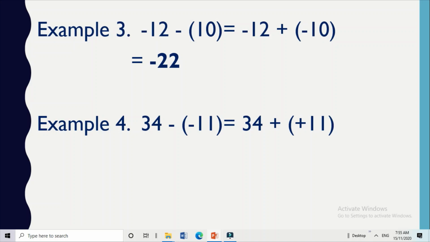And follow the rules in addition, so therefore, it will become 34 plus positive 11, so that is equal to 45. Okay? Yun yung rule in subtracting integers.